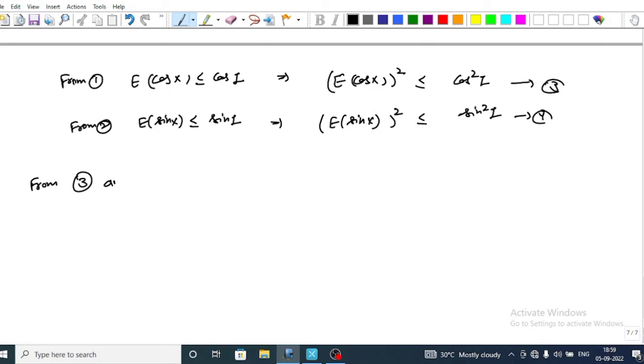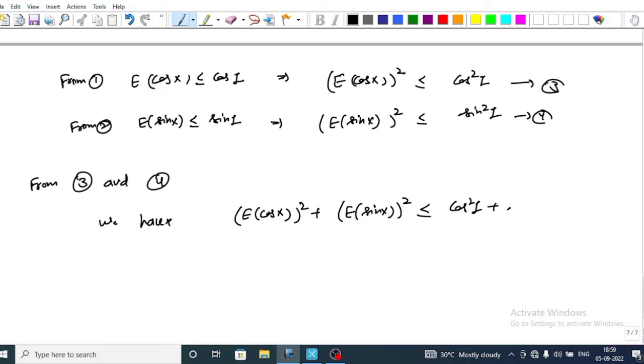From 3 and 4, we have (expectation of cos x) power 2 plus (expectation of sin x) whole power 2 less than or equal to cos square 1 plus sin square 1.